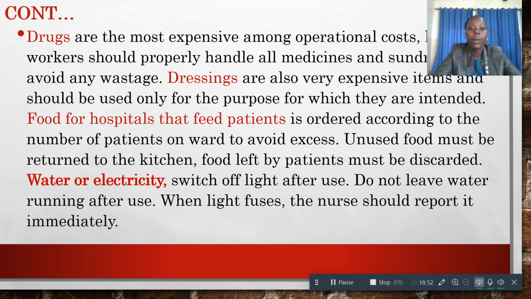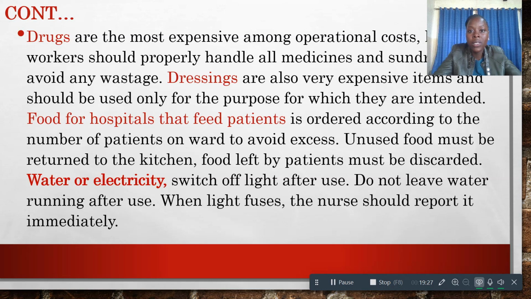Okay, so we also have other supplies like food. Food for hospitals that feed patients is ordered according to the number of patients on the ward to avoid excess. We have some hospitals which don't feed patients, where the caretakers are responsible for the food of their clients.